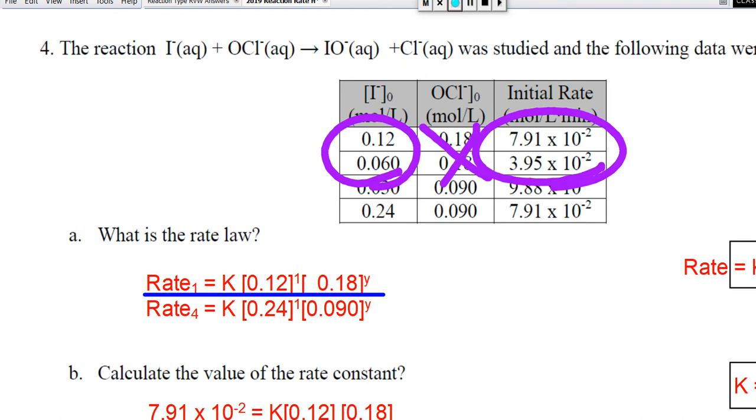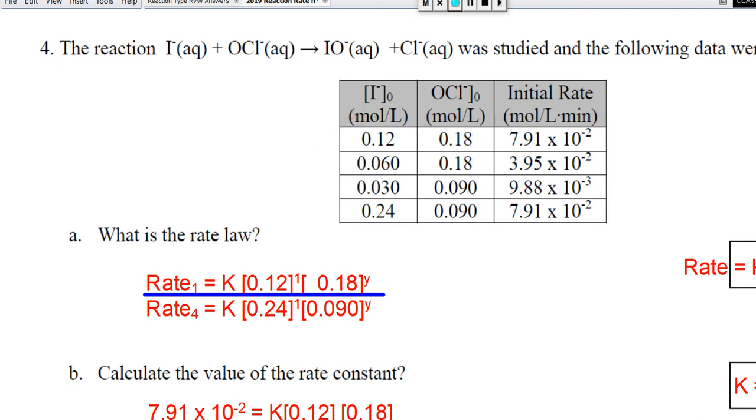So we compare those values. When the iodine doubles, the rate doubles. That tells us that there's a direct relationship between the iodine and the rate. So then I know that iodine is first order there. Iodine doubles, the rate doubles, iodine is first order.